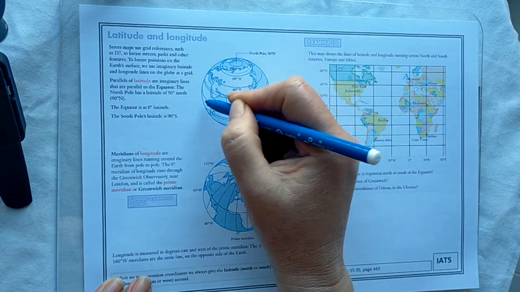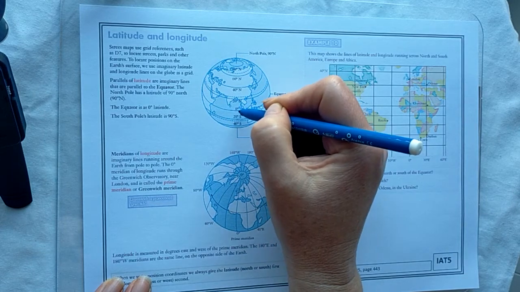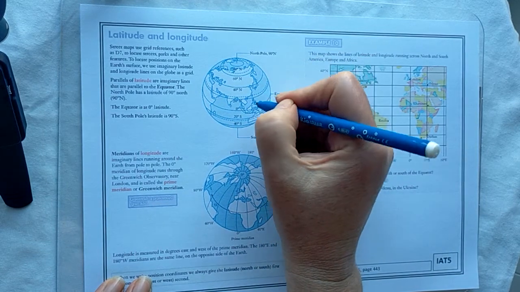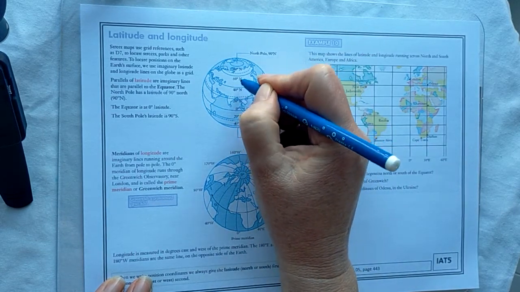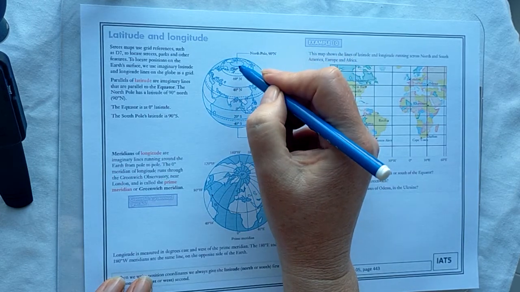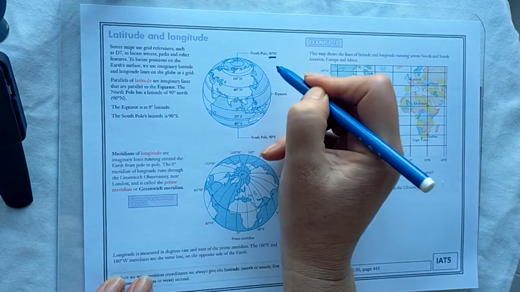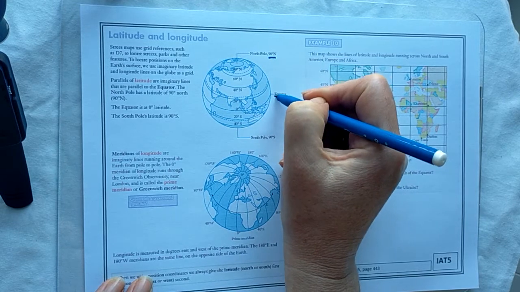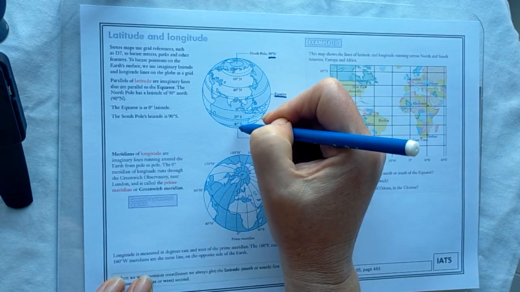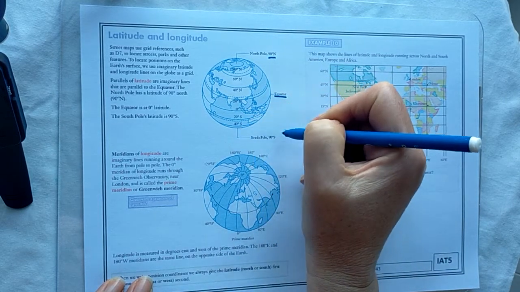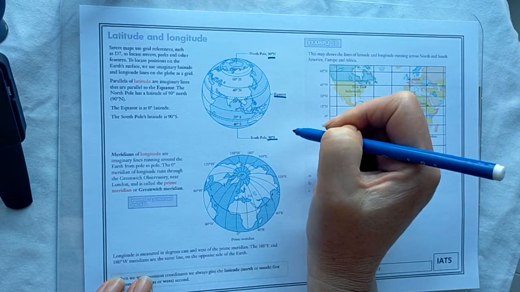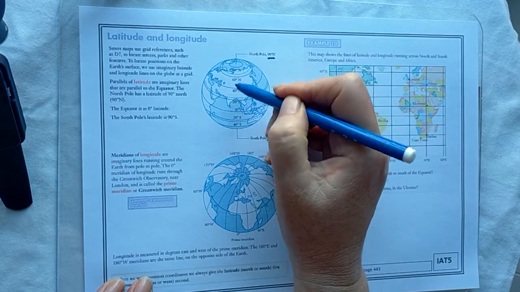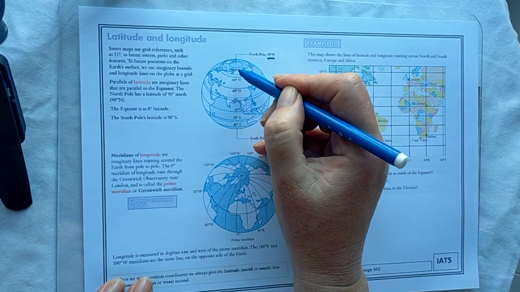So all of our latitude lines work off the equator. As they go up, we go in degrees north until we get to the top at the North Pole, which is 90 degrees north. As we go down from the equator, we go south till we hit the South Pole, which is 90 degrees south. That tells us how far up or down the Earth we are.